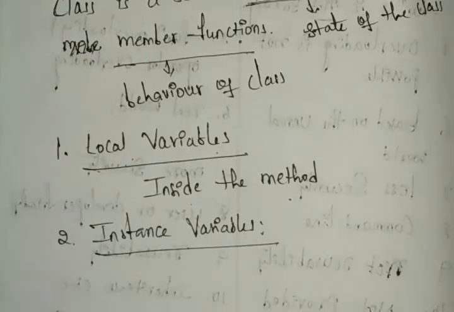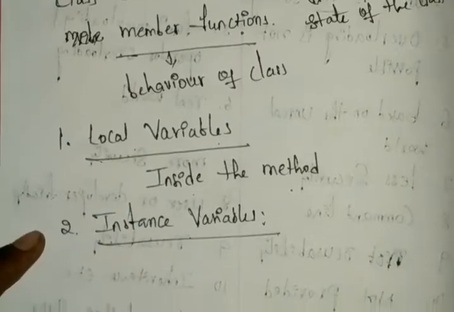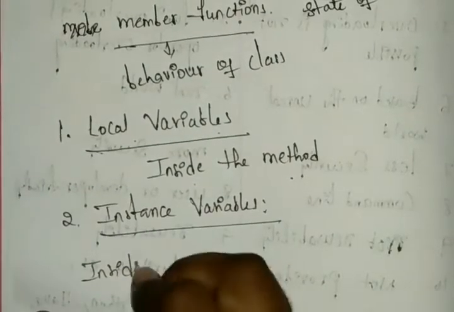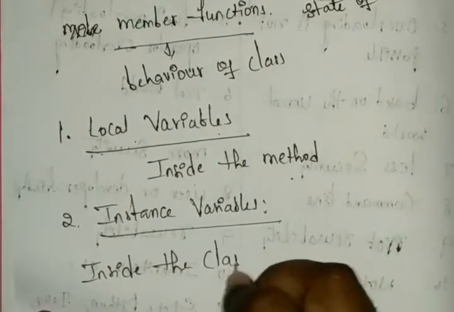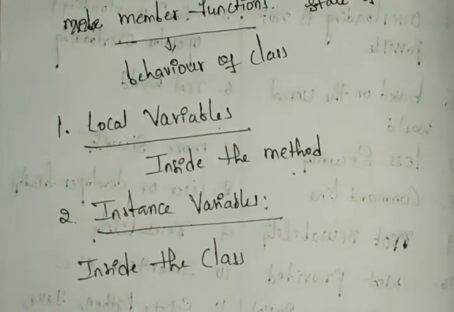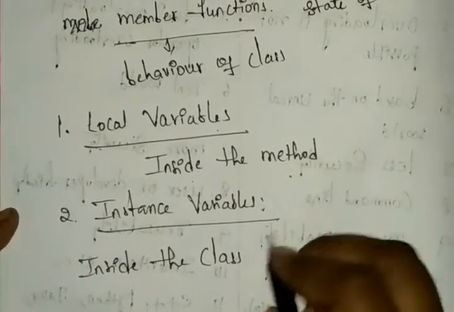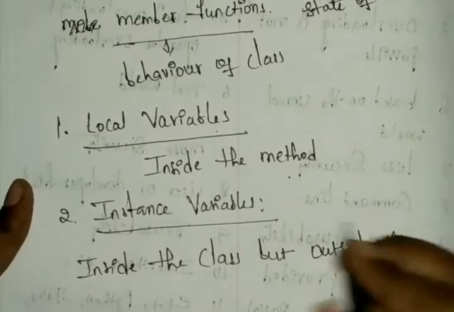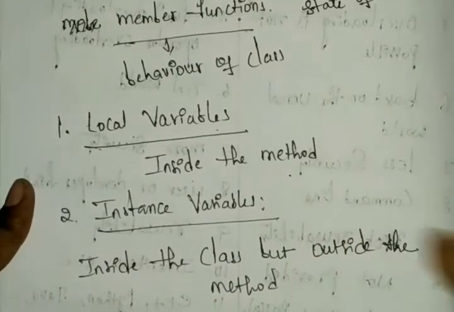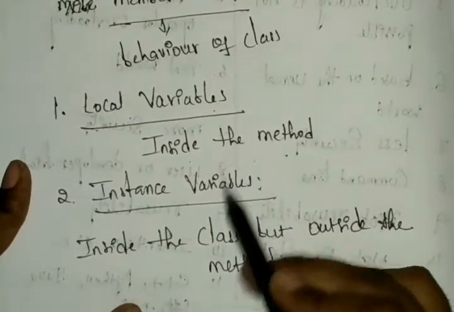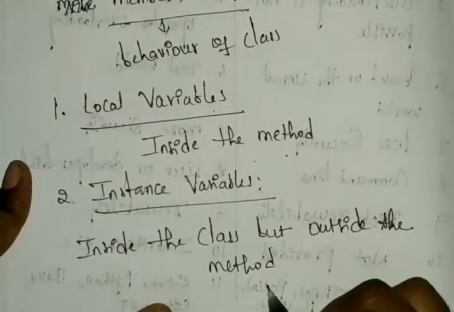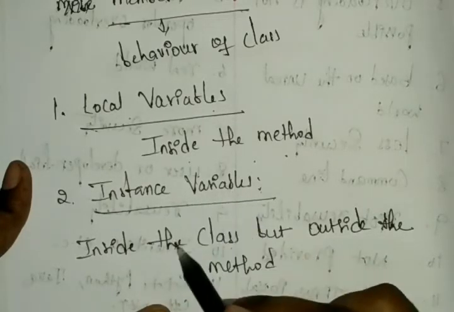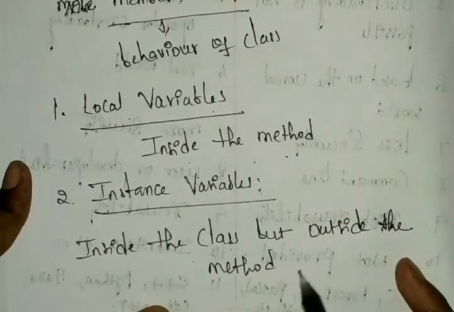In C++ we use classes. So it is defined inside the class, but outside the method. Your local variables are inside the method, instance variables are outside the method, and also inside the class.